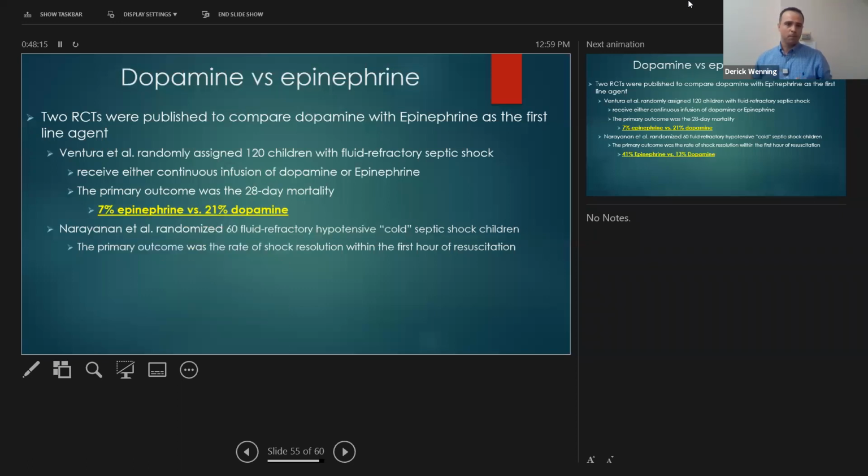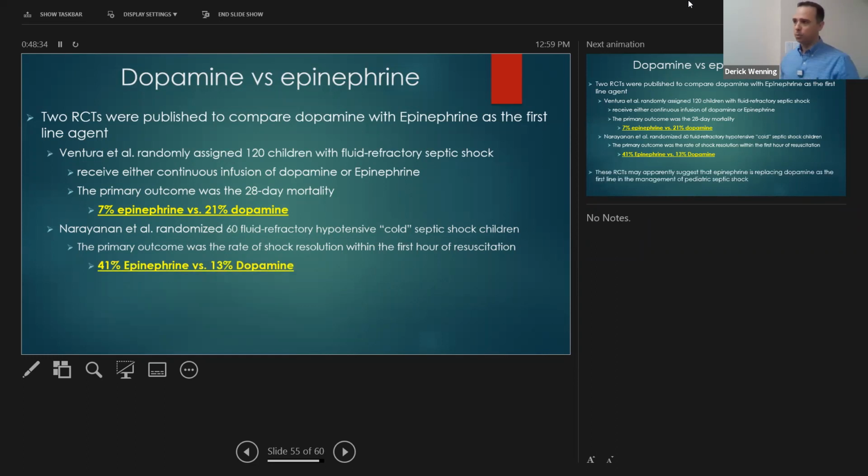So 28-day mortality, 7% mortality on epi, 21% mortality on dopamine. So which one was better? The epi. Okay, second study, rate of shock resolution. So what percentage of patients achieved resolution of their shock with the addition of this pressor? So you want a higher number. So 41% of patients on epi-drip had shock reversal versus 13% on dopamine.